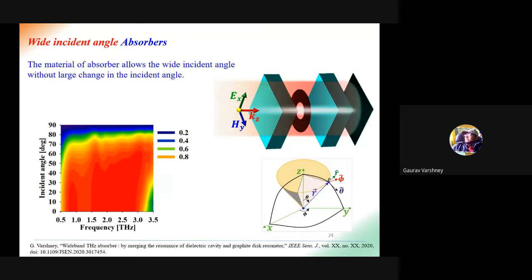So we have to make the absorbing units in such a way that the spectral behavior of the absorbing unit is not affected by the angle of incidence of the incident electromagnetic wave.